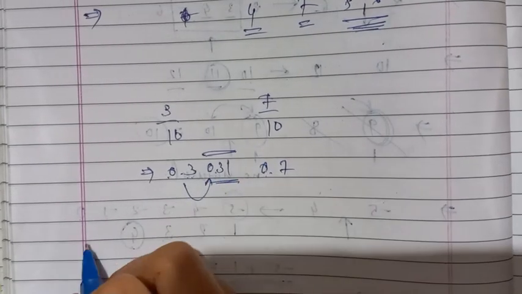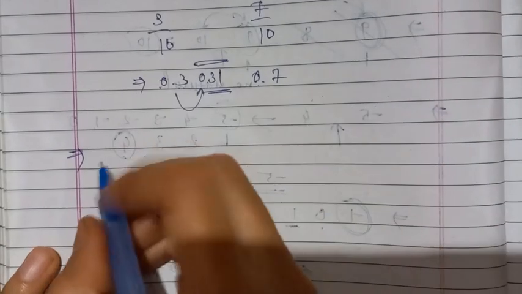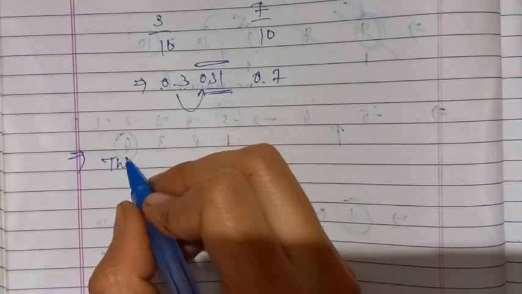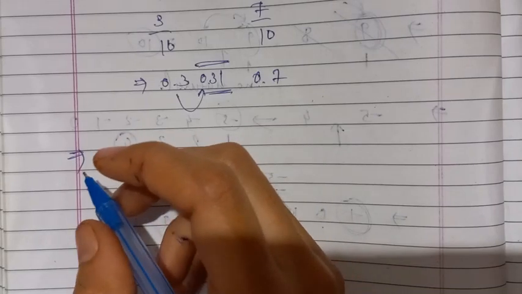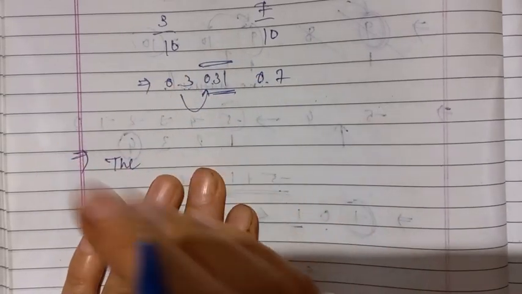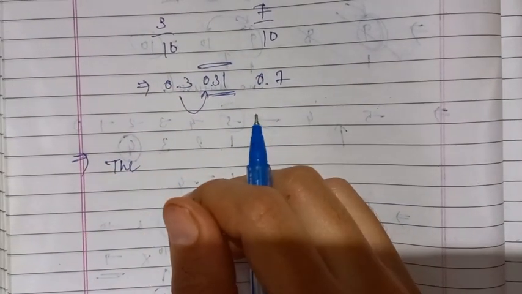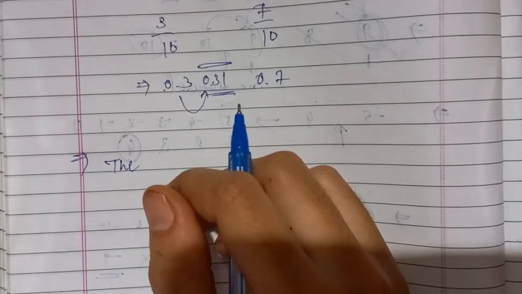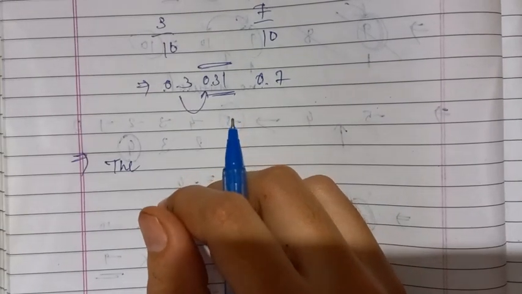So the conclusion is that, you can check your NCERT books, there are so many examples to understand it, that the number of rational numbers in between two rational numbers is not definite.